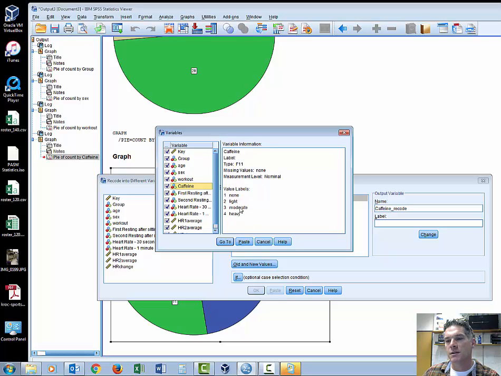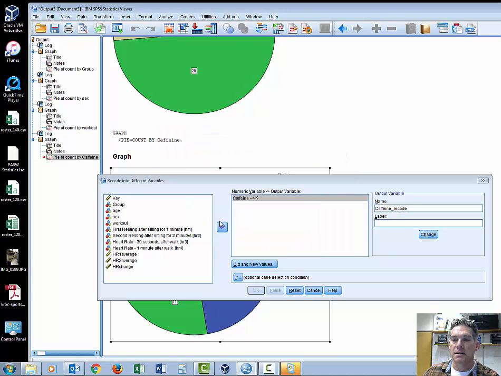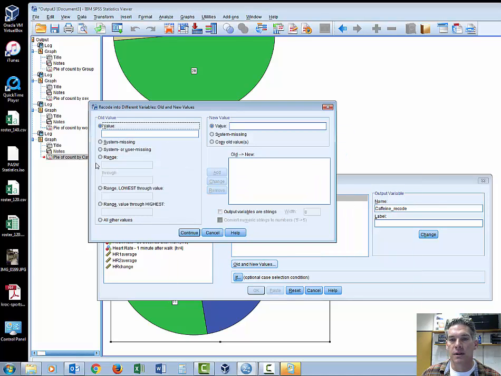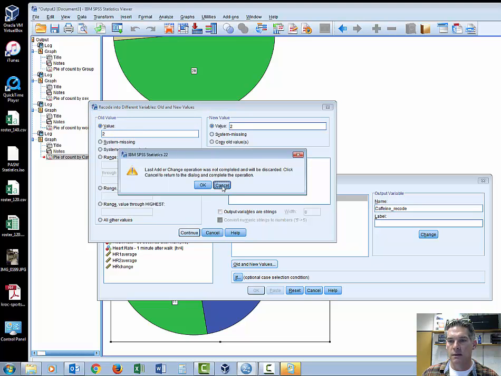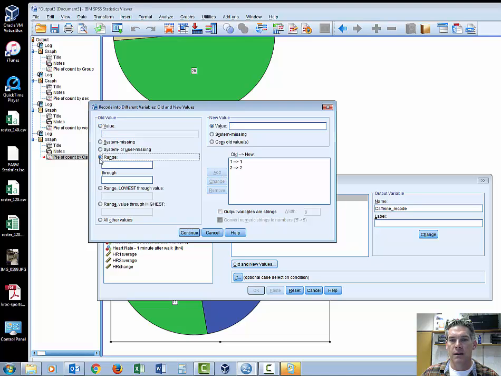How about 1, 2, and 3 and 4? All right. We're going to old and new values. A 1 equals 1, add; a 2 equals 2, add; and 3 through 4 equals 3. We might not use this, but it's good to have. Continue.